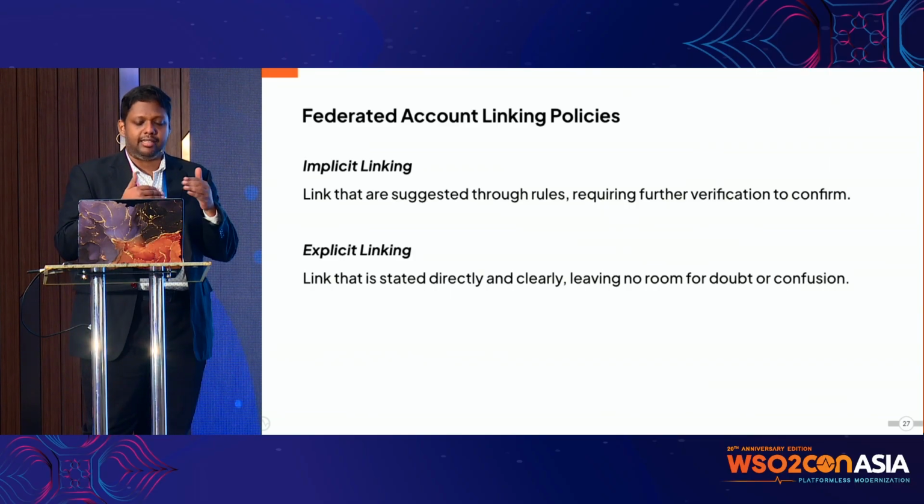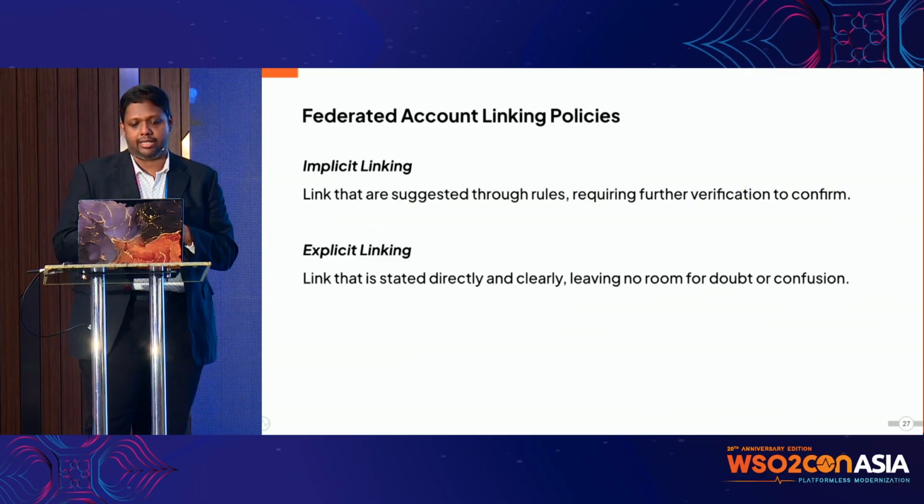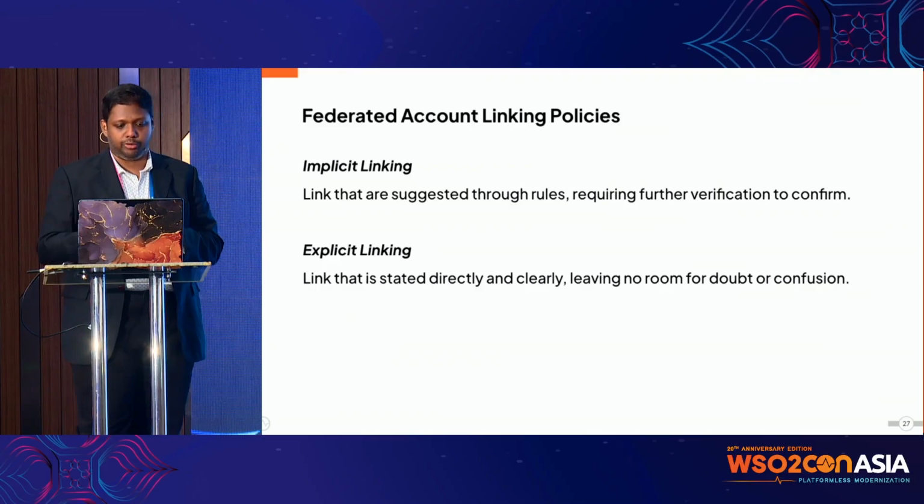And of course, there is a certain level of risk, so the administrator who configures has to accept the level of risk in order to do that. So that varies from use case to use case and industry to industry and business to business, right?